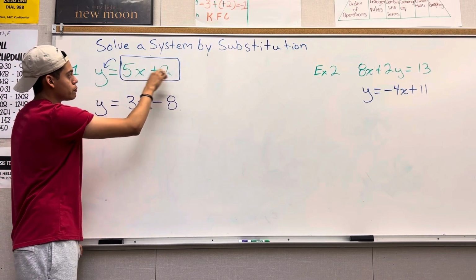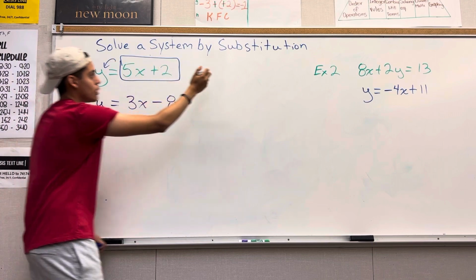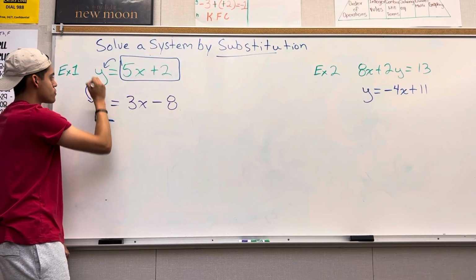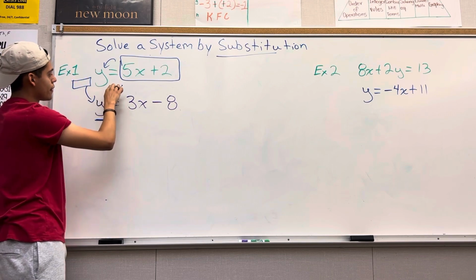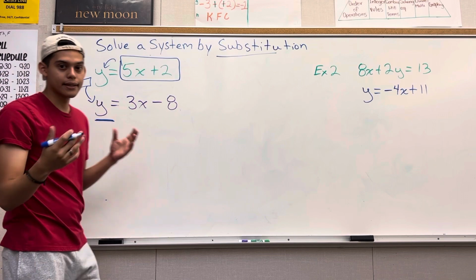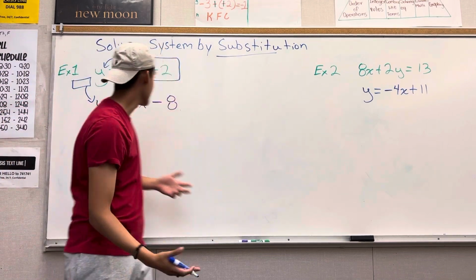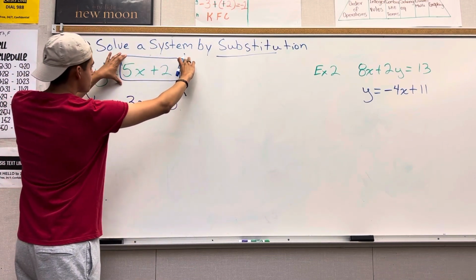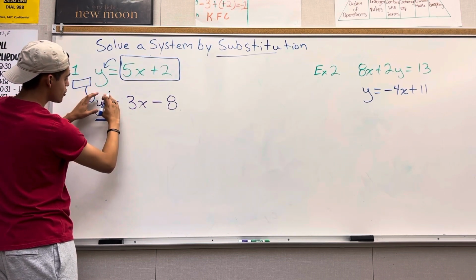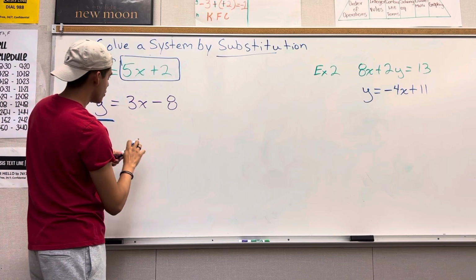If y equals this blue box, we can basically substitute this blue box into this y, because they are both y. There's nothing in front of the y. They are both just the variable, the letter y. We're basically going to stick this blue box into this y, and the y is going to go away.